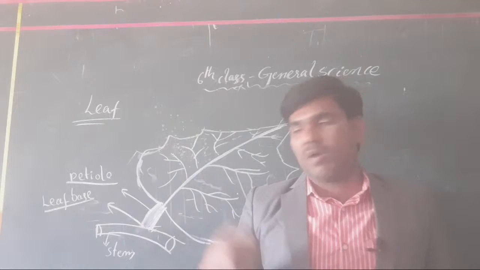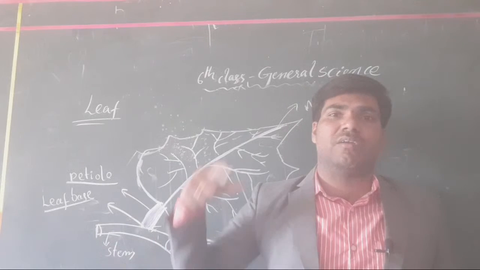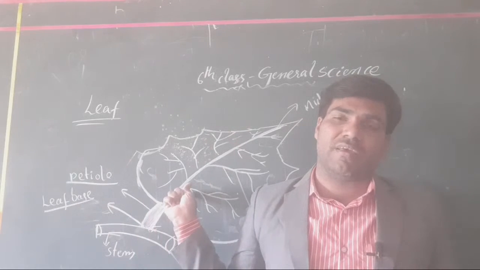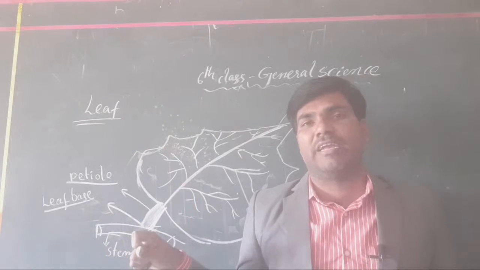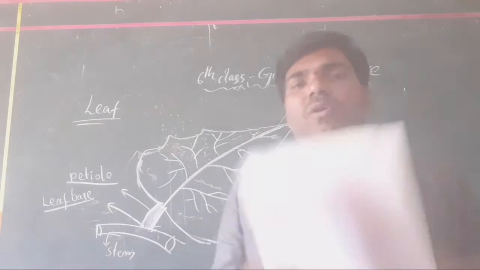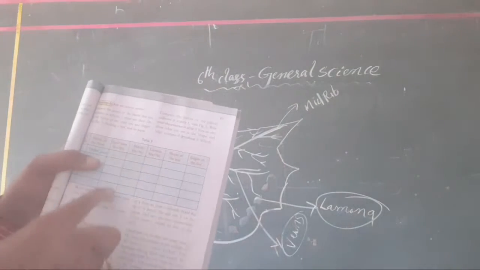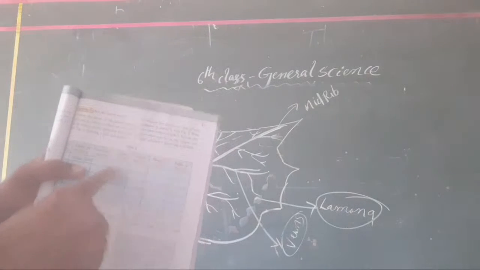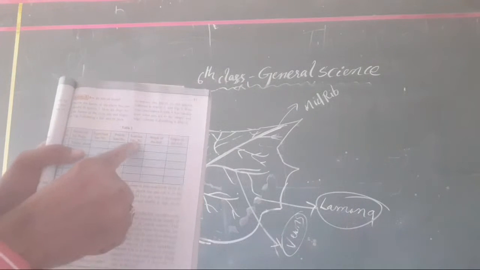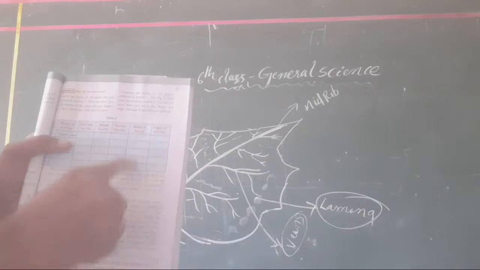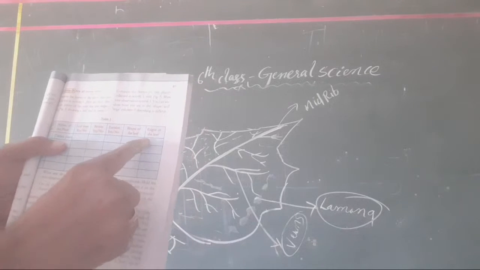And tomorrow we are going to discuss those different leaves. Now, what is the nature of different leaves? What is there in this particular table? There is given the name of the plant, whether leaf base is available or not, whether petiole is available or not, whether lamina is there or not, the shape of the leaf, and the edge of the leaf.